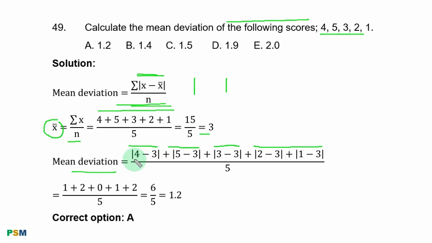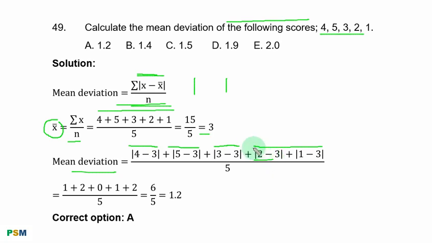Now 4 minus 3 is 1, plus 5 minus 3 is 2, plus 3 minus 3 is 0, plus 2 minus 3 is minus 1.